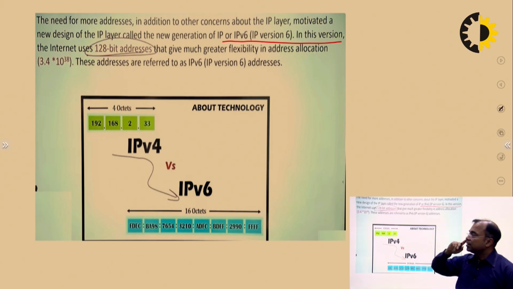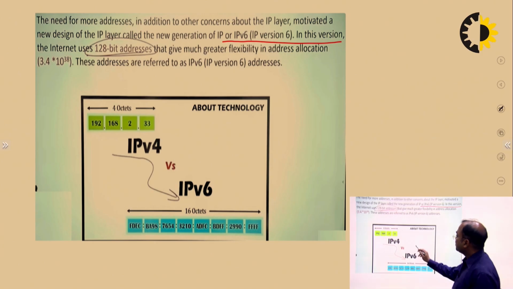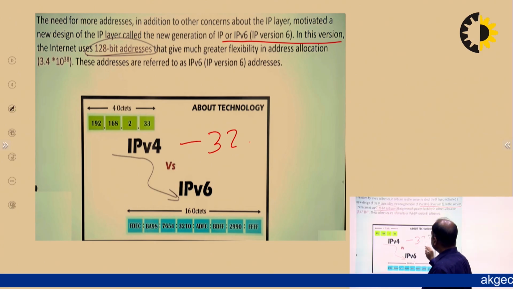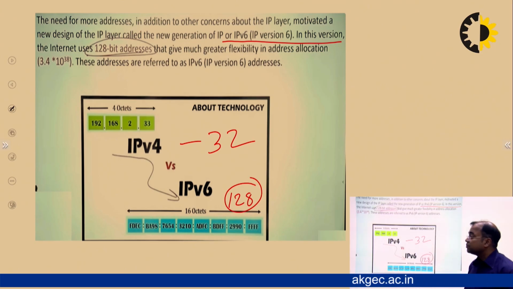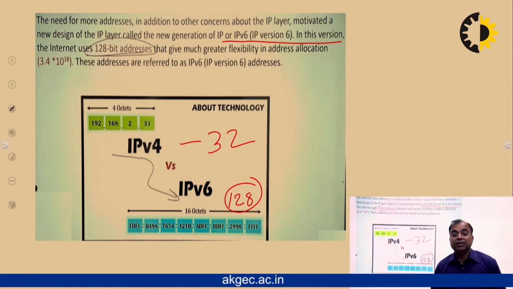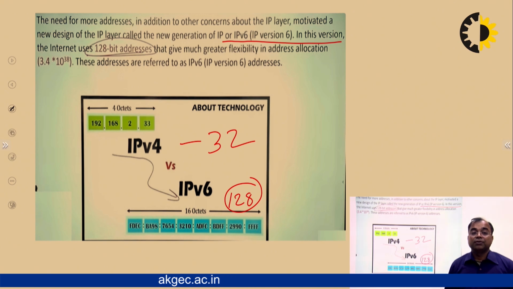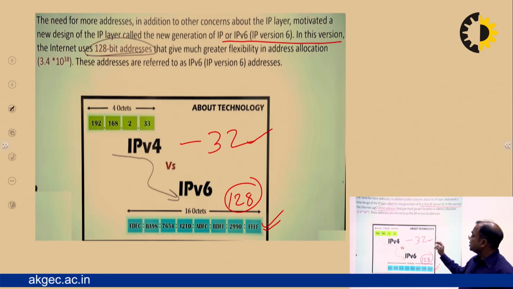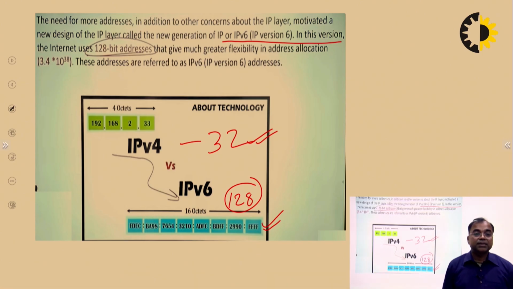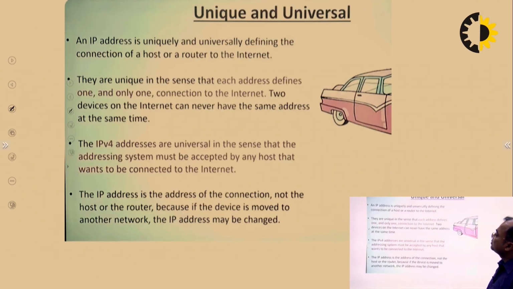In this version, the internet uses a 128-bit address, whereas IPv4 is a 32-bit address. So even if we connect all the devices throughout the world, throughout the universe, it is still not full. That is a very, very large number compared to 32 bits. So we are now in the era of IPv6, but first we concern ourselves with IPv4, so we study IPv4 first.